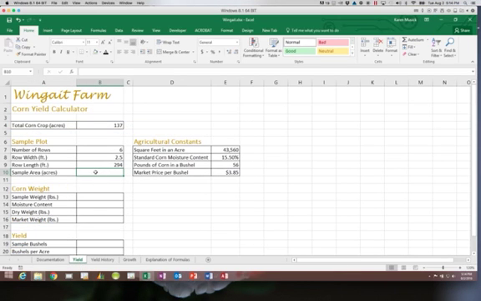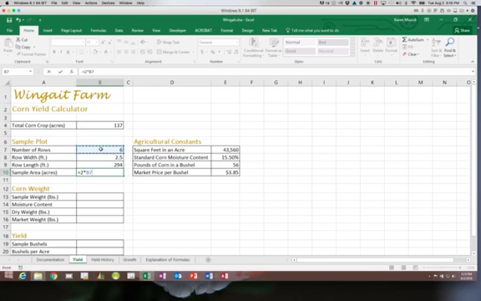We're going to start out in B10. And we're going to be entering a formula that calculates the area of their sample plot. So in order to calculate the area, we need to use a formula that takes the number 2, so we're going to say equals 2, and it multiplies it by the number of rows, which is in B7.